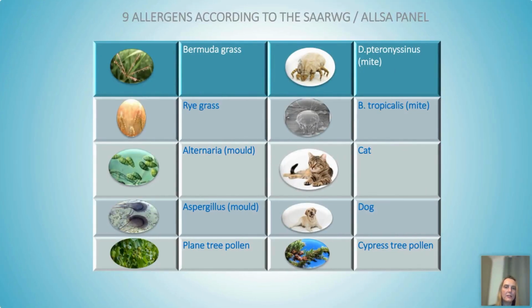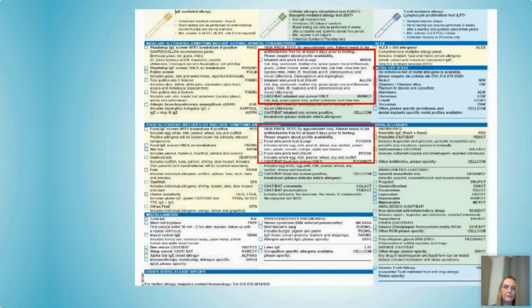This is just another representation of the new 9 allergens according to the South African Allergic Rhinitis Working Group, which is the Bermuda grass, the ryegrass, the Alternaria and Aspergillus, Blomia tropicalis and the Dermatophagoides, cat and dog, and then the plane tree and the cypress tree pollen.